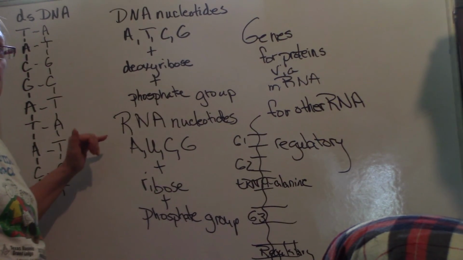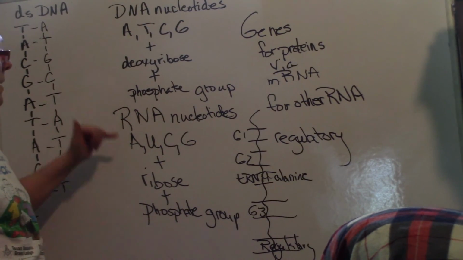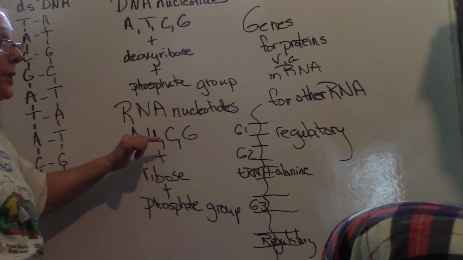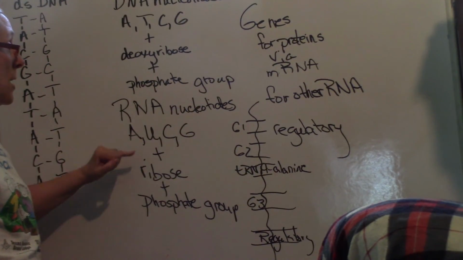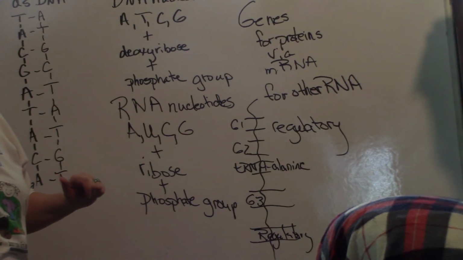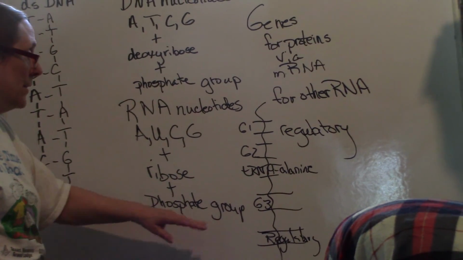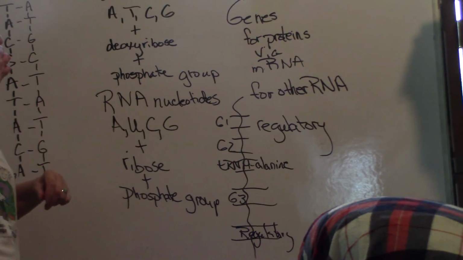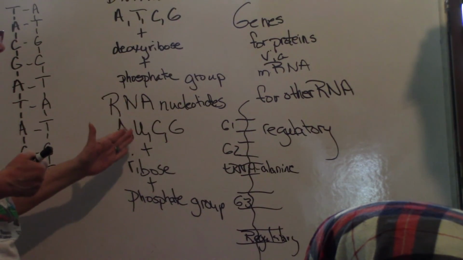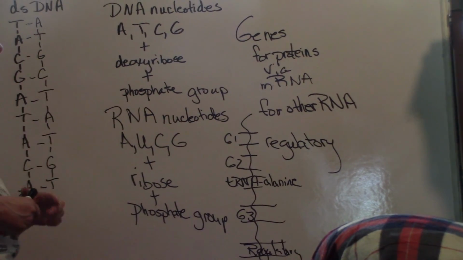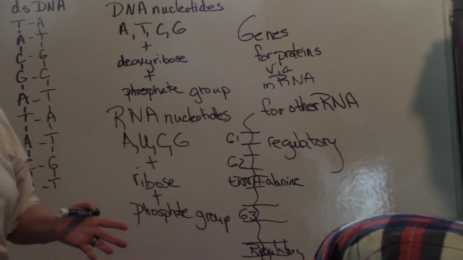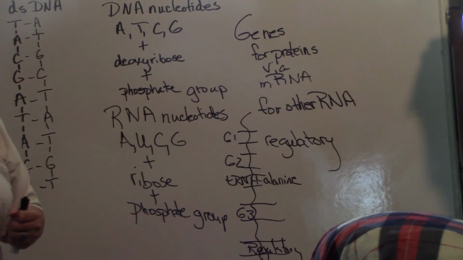For RNA nucleotides, there's adenine, uracil, cytosine, or guanine, plus a different sugar, ribose, and then a phosphate group. So exactly why there's uracil instead of thymine, I've never looked up. Feel free to do that.